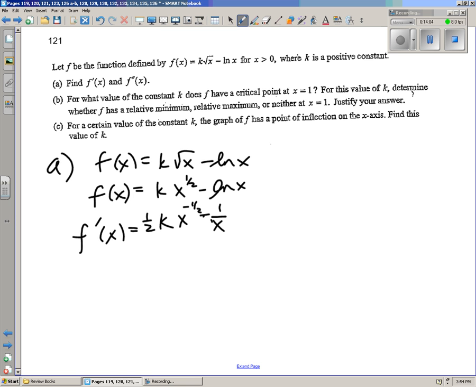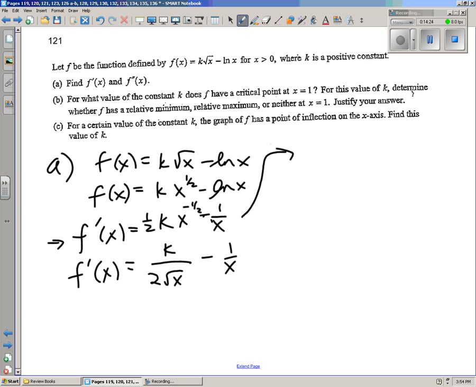That would be good enough on part 2, though normally in class I would make you write this in radical form. We're probably going to have to do it anyway, so I'm going to write k over 2 radical x minus 1 over x.